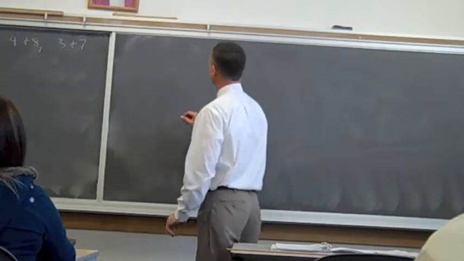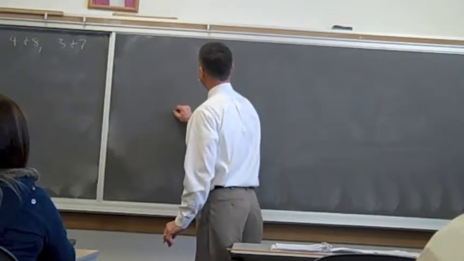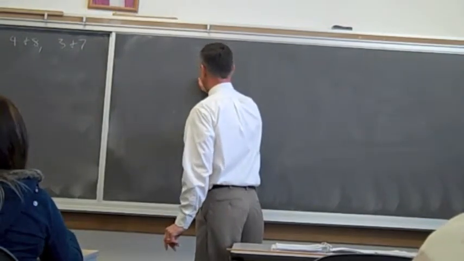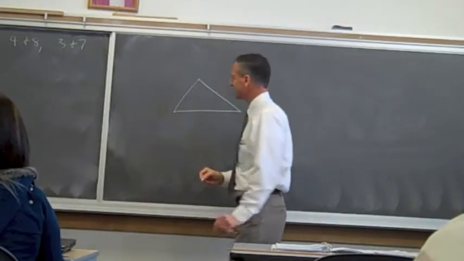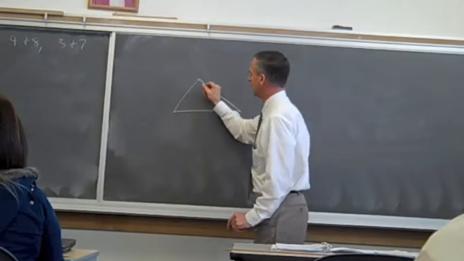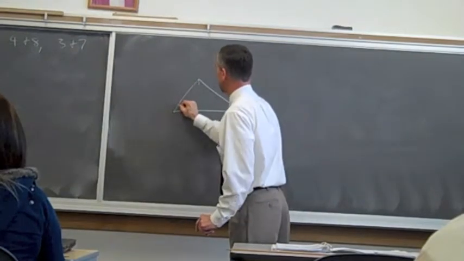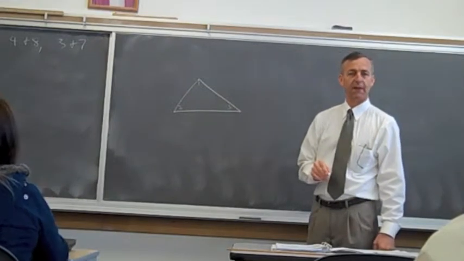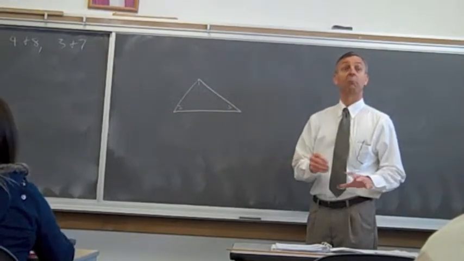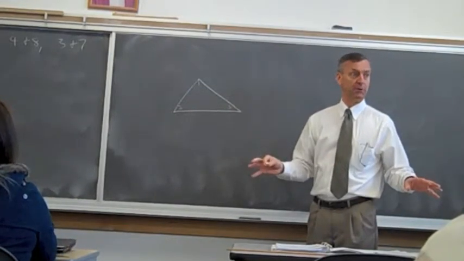Okay, so I'm going to draw a triangle here. And we're going to prove that the measure of angle 1 plus the measure of angle 2 plus the measure of angle 3 is 180, so that no matter what triangle we look at, that will be true.